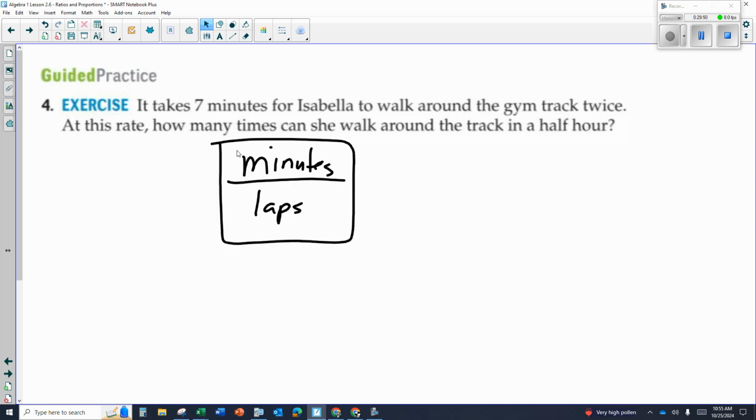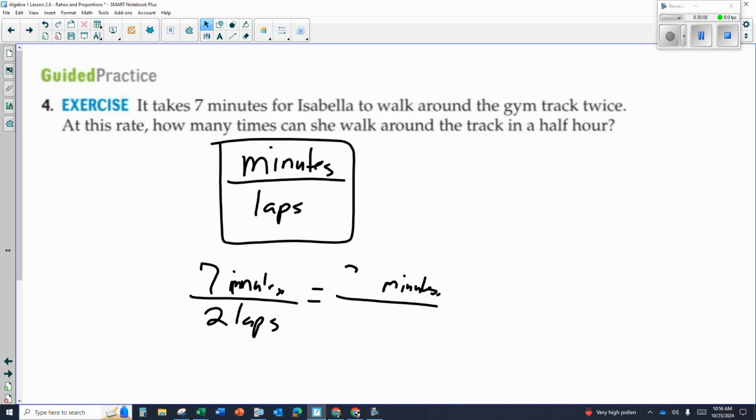And the information that we're given, it takes 7 minutes for 2 laps around the track. And we want to know, based off of this ratio, how long would it take to do half an hour? Well, 60 minutes is an hour, so it would be 30 minutes. Or how many laps, how many times around the track? So that would be our x number of laps.